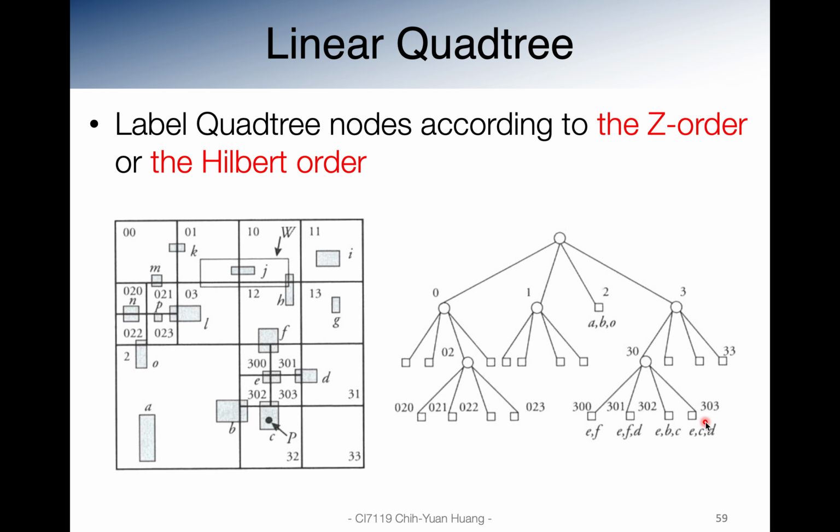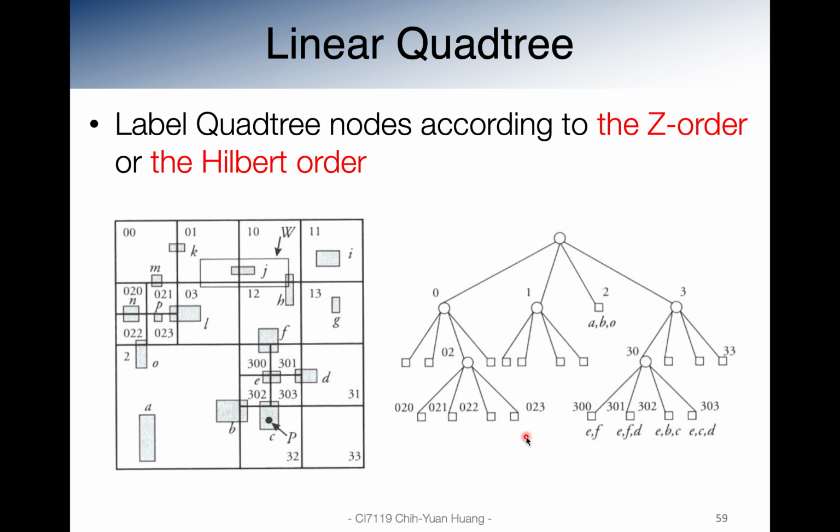So for this quadtree, we have leaf nodes on different levels. For example, these 2, these 4, these 3, these 2, this 1, and also these 4 and these 3 are leaf nodes, and they could be on the first level, second level, or third level.